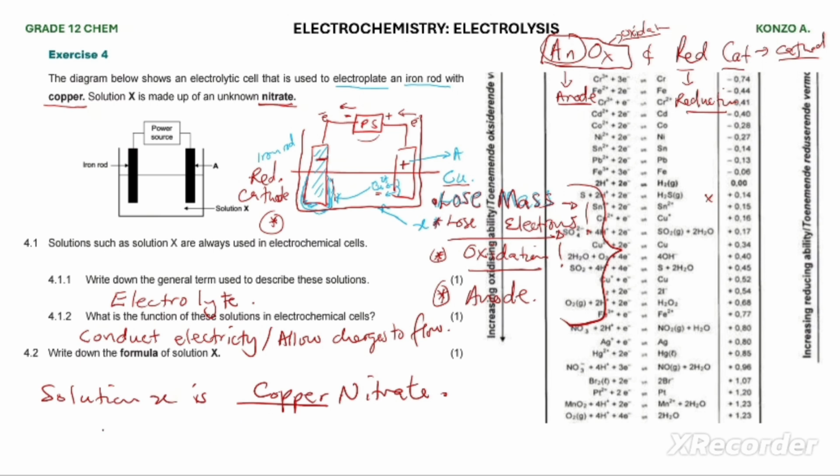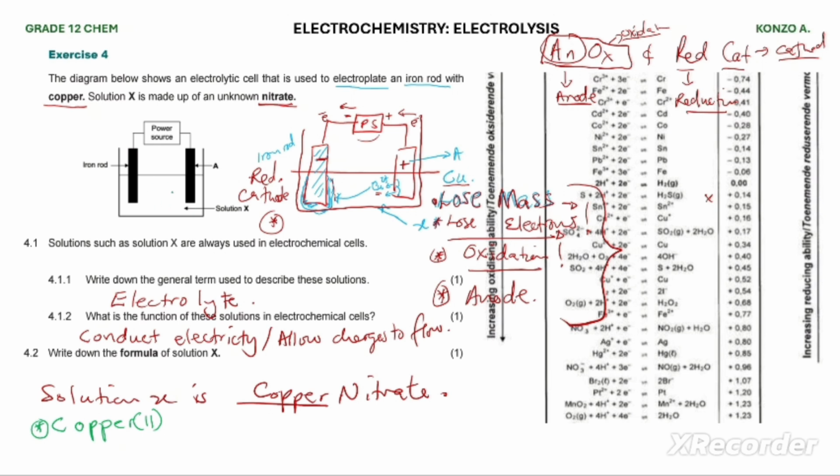Sometimes we want to specify which copper we're talking about. Now, in most cases, guys, I should add this for you. In most cases, we're dealing with copper 2, because this is a more stable form of copper, especially if we're talking about making a solution out of it.